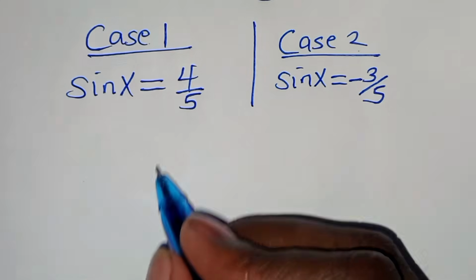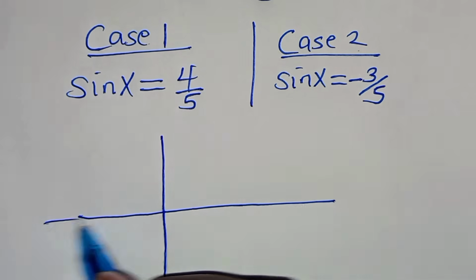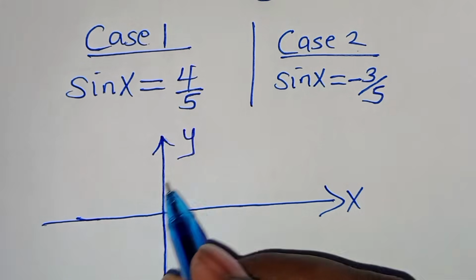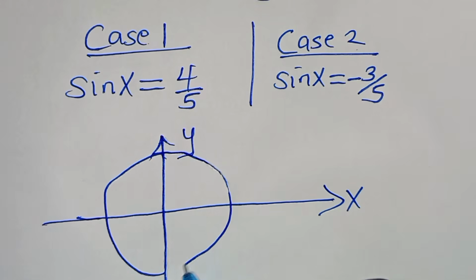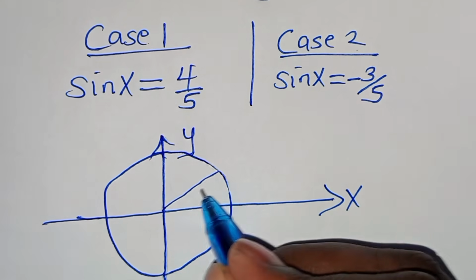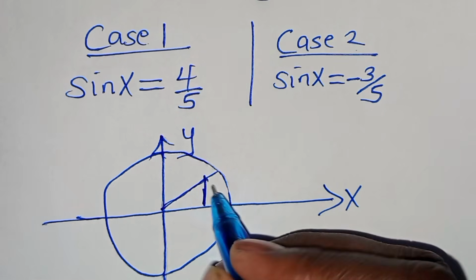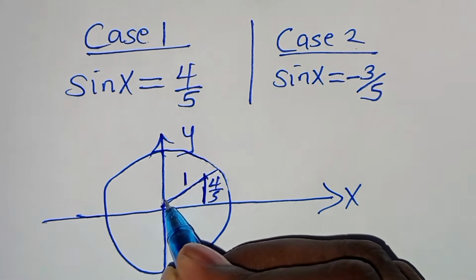Now, if we have a graphical representation of the xy plane, we have that sine is equal to the opposite over the hypotenuse. So sine of 4 over 5, the hypotenuse is 1.